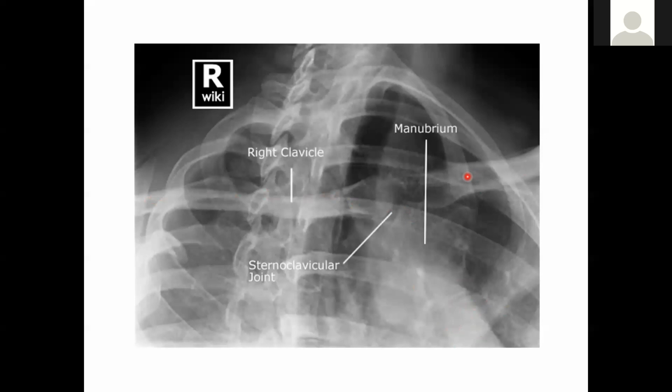You can tell this is an RAO projection because of how foreshortened the ribs on the right side are. It's because those ribs are turned toward the bucky and they become foreshortened. The left side, which pulls away from the bucky in an RAO projection, the left ribs are elongated.